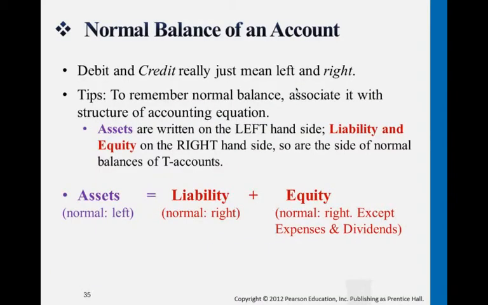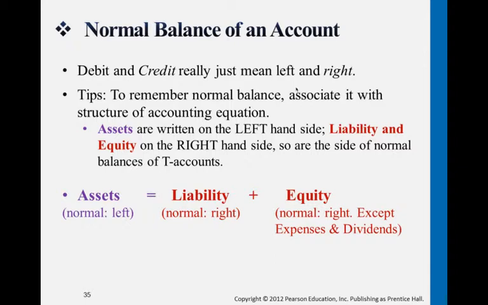Okay, now another idea here, normal balance. This term simply represents the plus side of each account. That's all it is. So whenever a problem refers to the normal balance side of a certain account, just think of the plus side of that account. So for an asset account, is debit the normal balance or credit the normal balance?